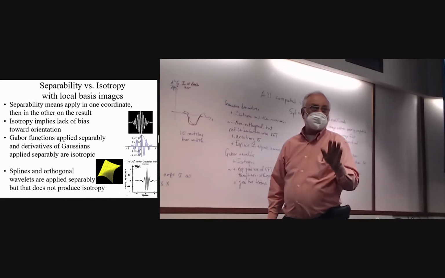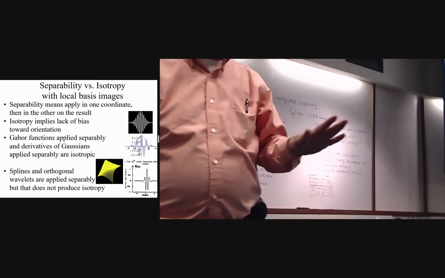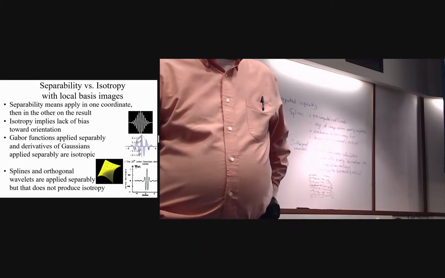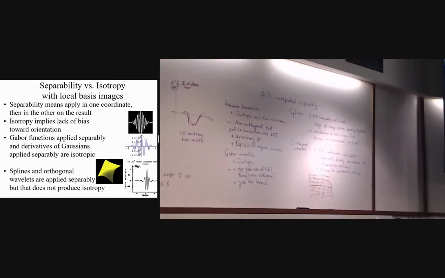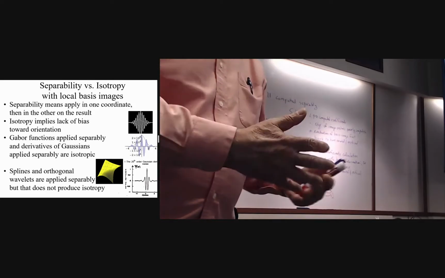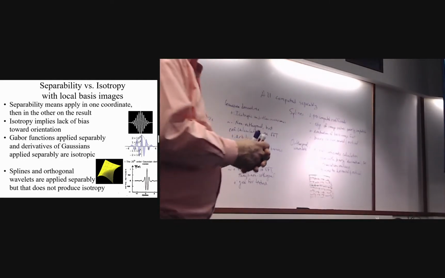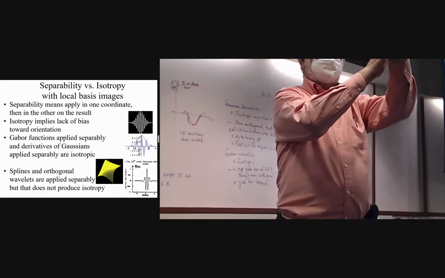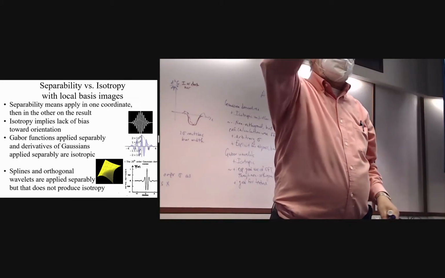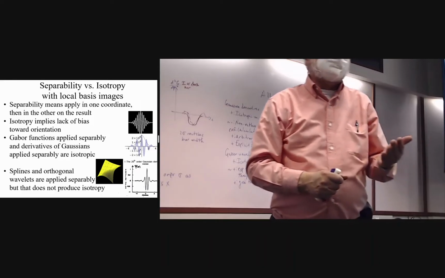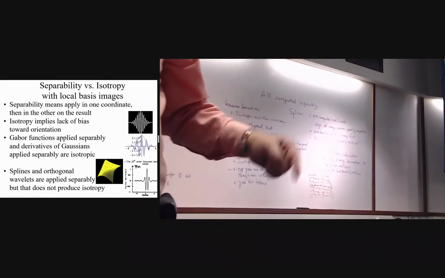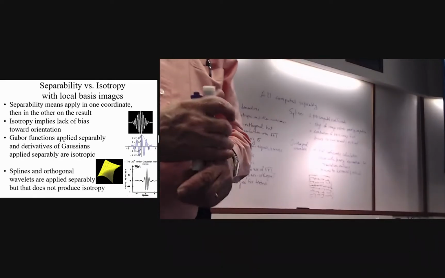I've already said this, but I want to emphasize it. People confuse separability and isotropy. Isotropy means you're not biased by orientation. You can still compute things separably, but the result is not biased by orientation. Meaning if you compute them in x and y, and now you want to find directional derivatives, for example, in some other direction, it's just the same as if you had done it directly in that direction.